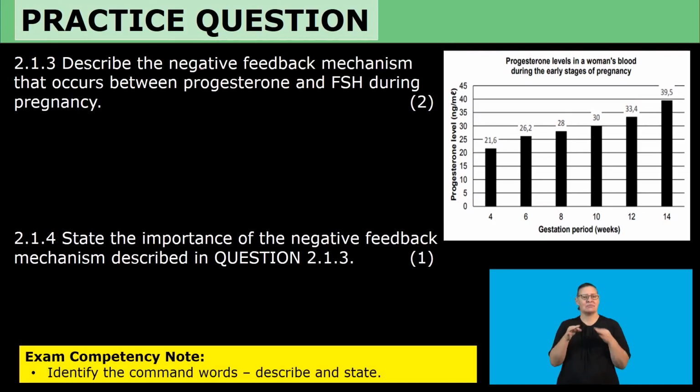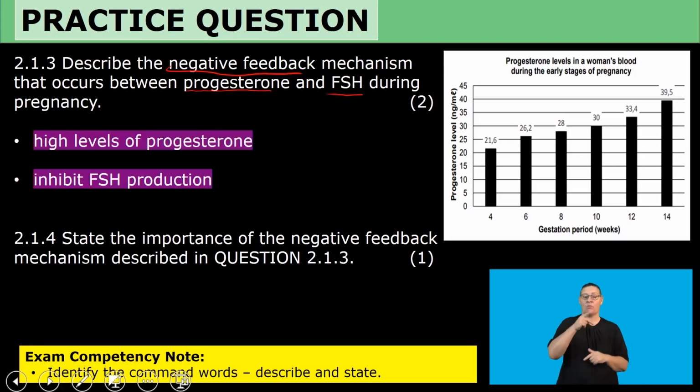2.1.3, describe the negative feedback mechanism that occurs between progesterone and FSH during pregnancy. Negative feedback mechanism, they work opposite each other. When there's a peak on this one hormone, there will be a drop on the other one. So the rise in one hormone will inhibit the production of the other hormone.